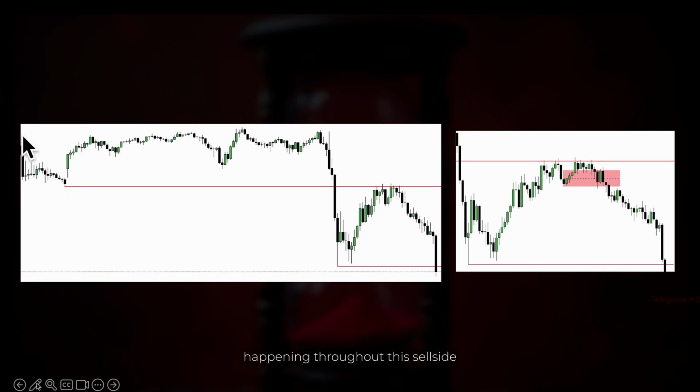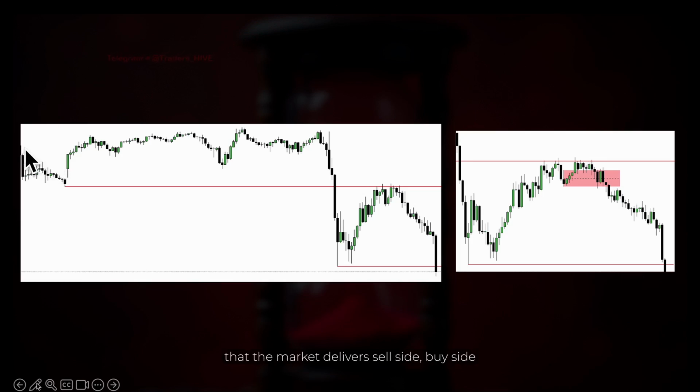And what's happening throughout this sell side of the curve is that sell side is being delivered. When we then see the market run up higher, we see the buy side of the curve being delivered. However, what's important to note is that we're not referring to a market maker sell or market maker buy model in the sense of the traditional market maker model factors as you know them. No, we're simply looking at delivery functions, where you have two functions of delivery, either sell side or buy side.